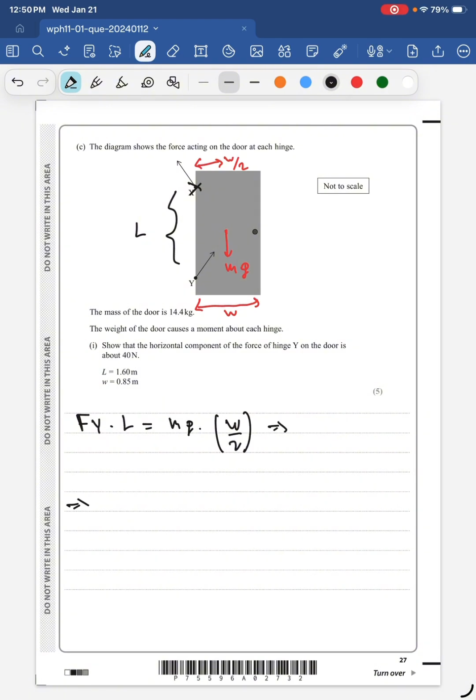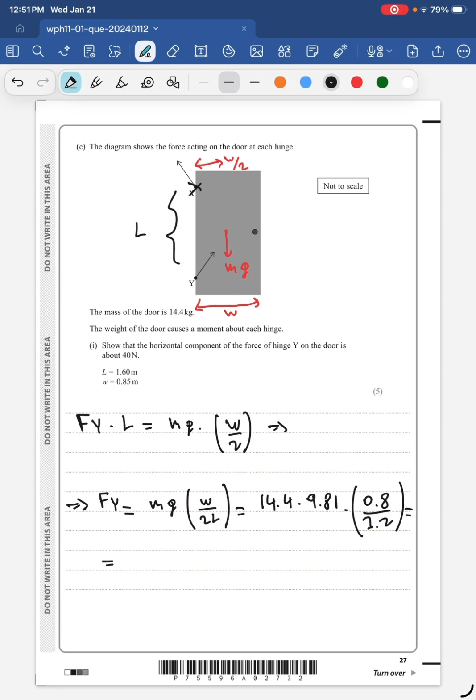So Fy should equal the weight times width over 2 times L, so 14.4 times 9.81 times the width, which is 0.85, over 2 times L, which is 3.2.